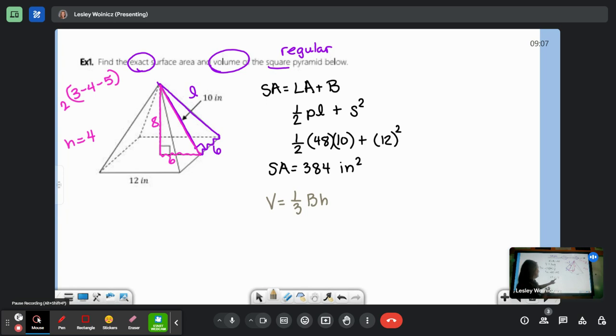So what is our base? 144. Yeah, it's our side squared. So 12 squared. Oh. Well, I didn't forget it. I just miswrote it. Thank you. Okay, 1/3 times 12 squared times the height, which is 8.